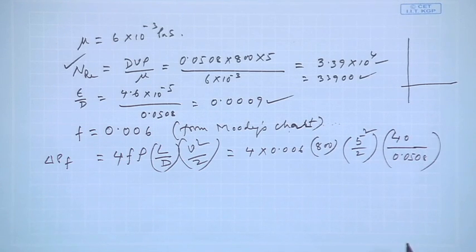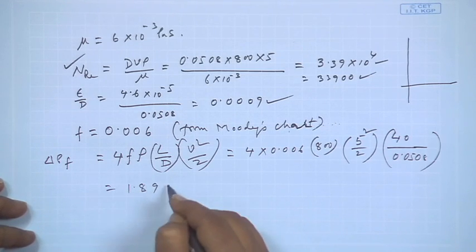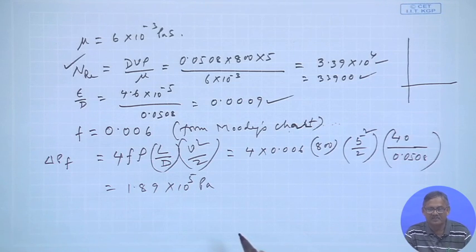So, if we now calculate it, it comes to 1.89 × 10^5 Pascal, right.